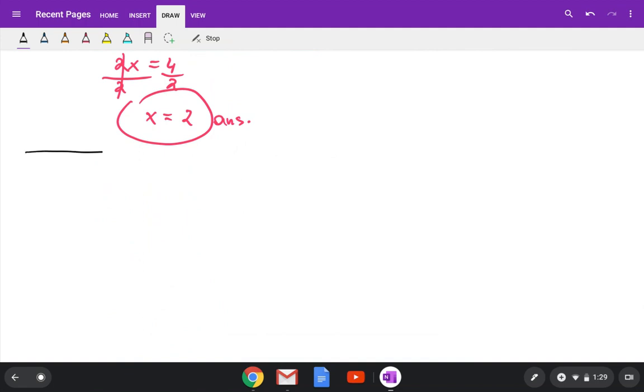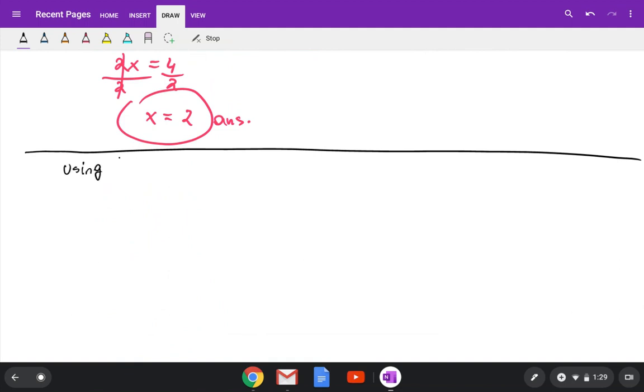So, here we go. Next topic is using logarithms to solve exponential equations.